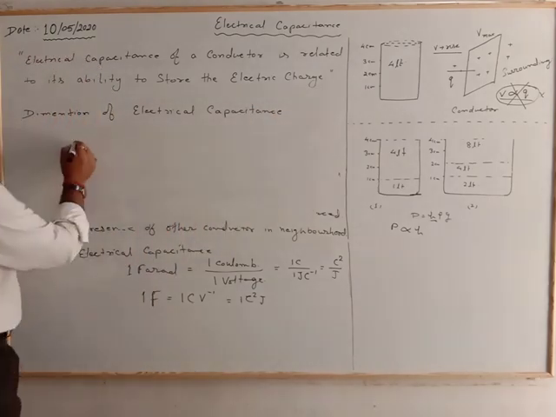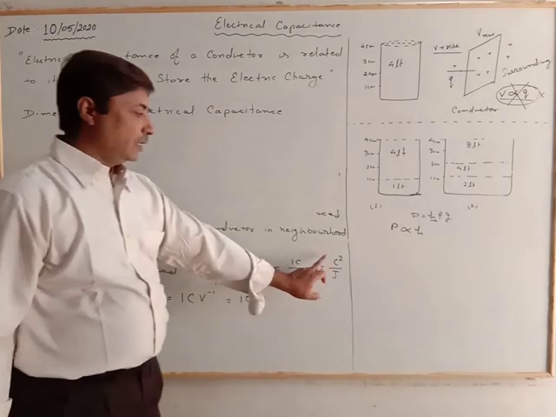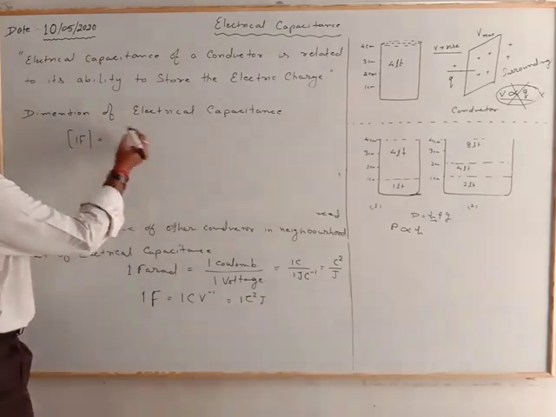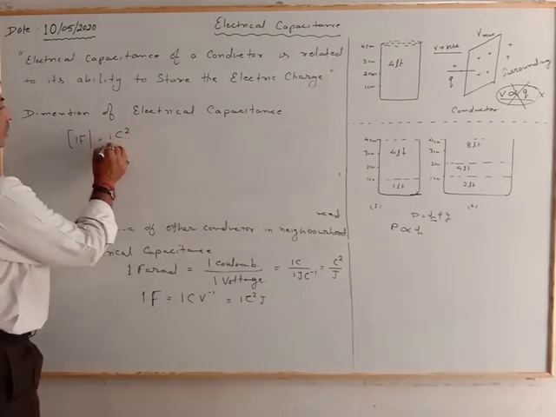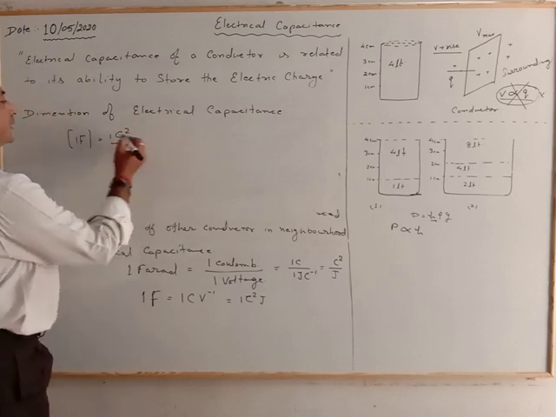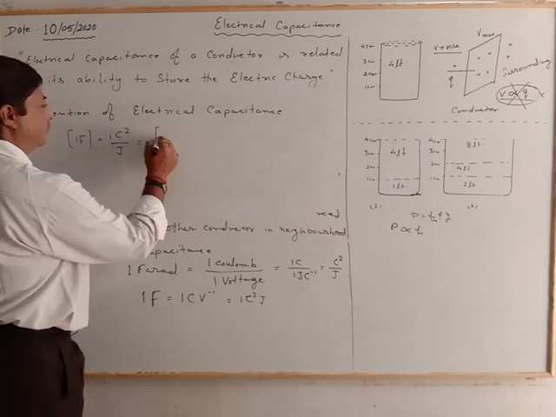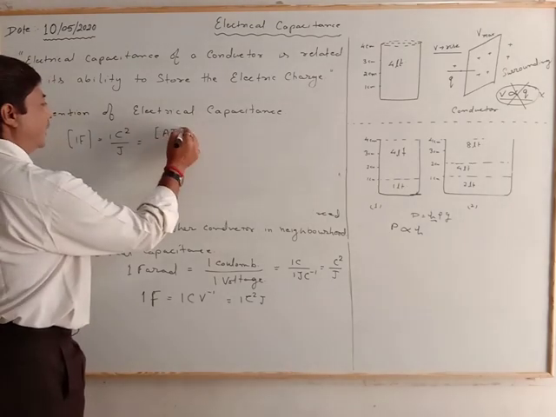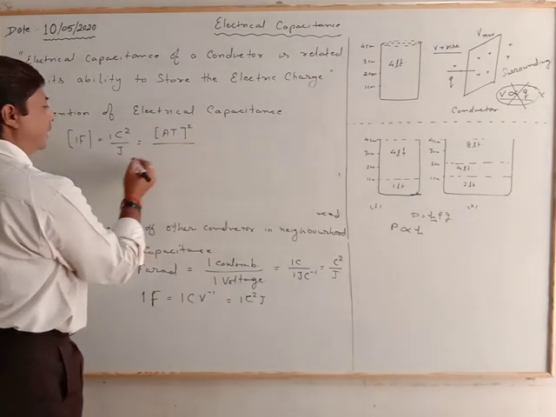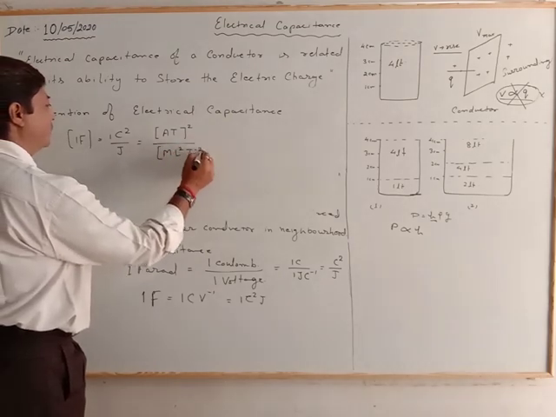For the dimension of 1 farad, which is equal to coulomb square per joule, the coulomb charge has the dimension A square T square, while the joule, the energy, has the dimension M L square T to the power minus 2.